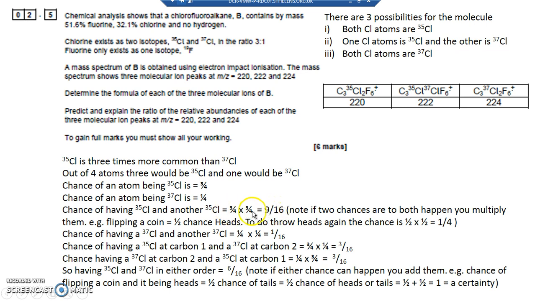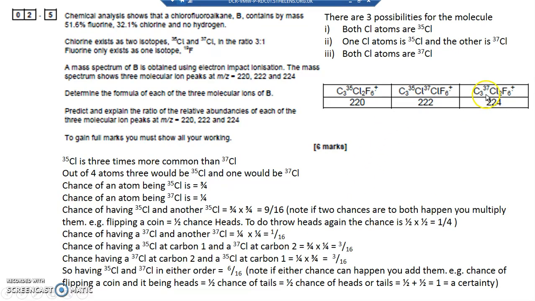You multiply the two fractions together. It's similar to, say for example, the chance of throwing heads, 50% multiplied by 50% is 25%. So it's a probability question.